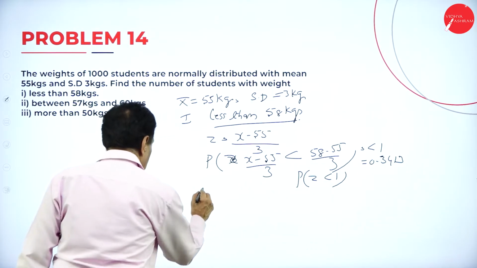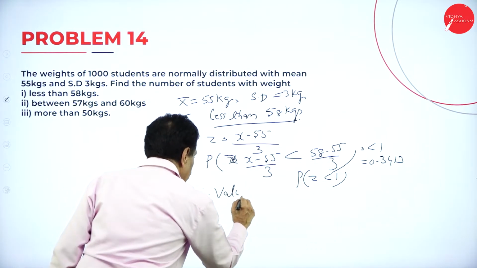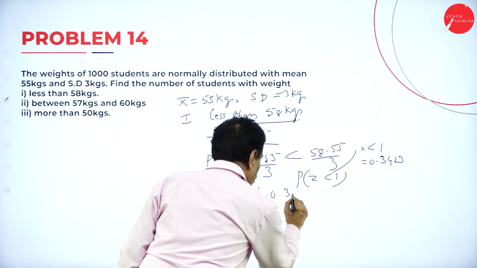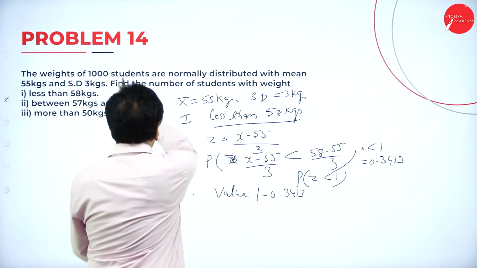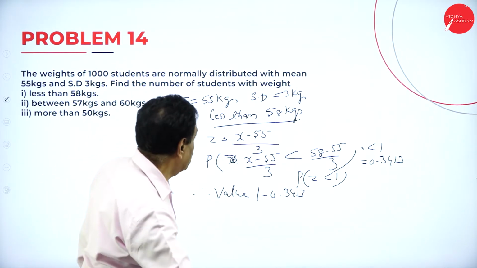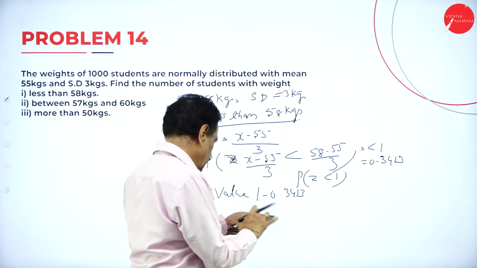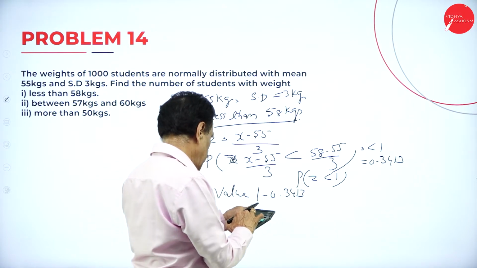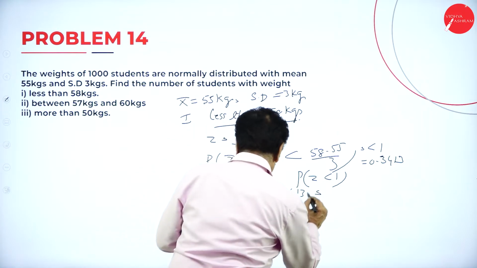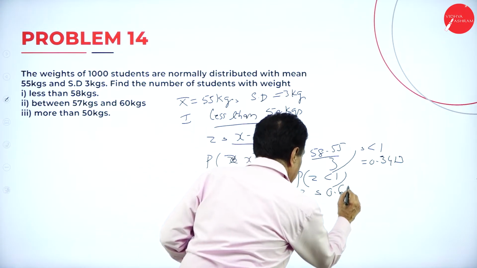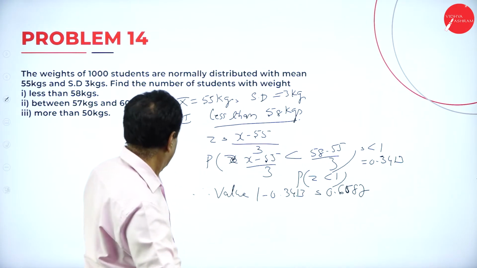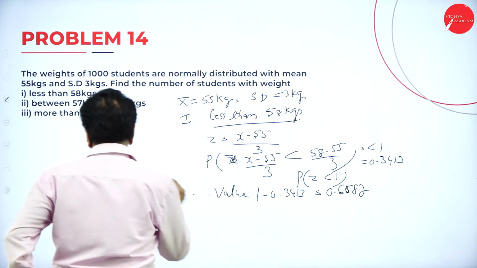Therefore, the value is equal to 1 minus 0.3413. Entire area is 1. I will explain: entire area, deduct this. 1 minus 0.3413 is 0.6587. We'll have a table now.